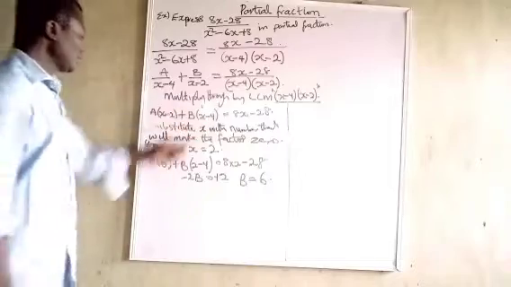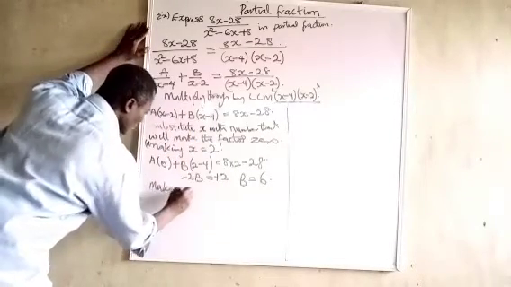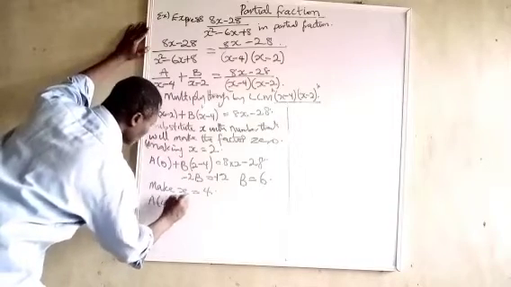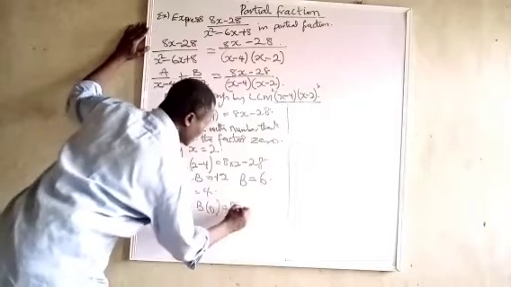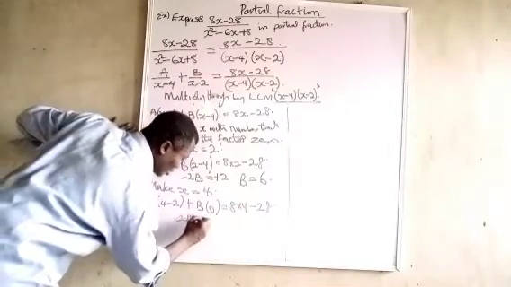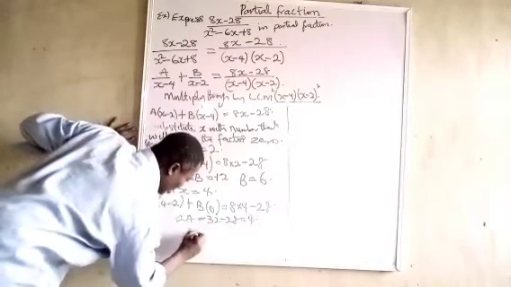Now I make x equal 4. So I have a into 4 minus 2 plus b into 0 is equal to 8 times 4 minus 28. So 2a is equal to 32 minus 28, which is equal to 4. So a is equal to 2.